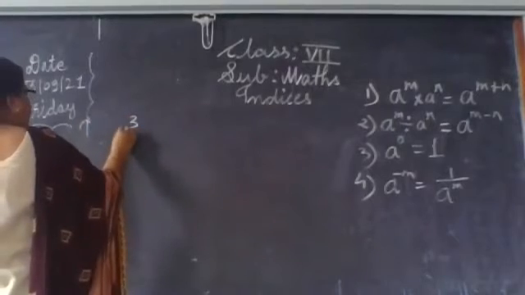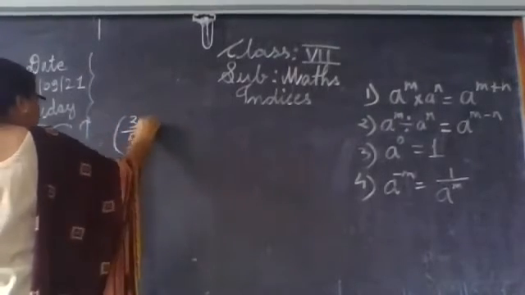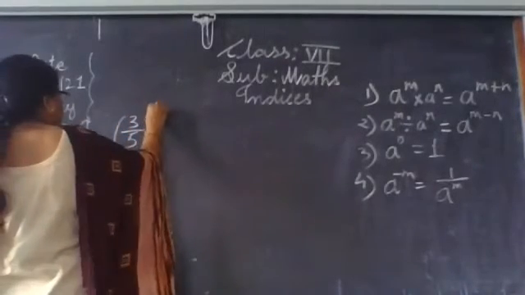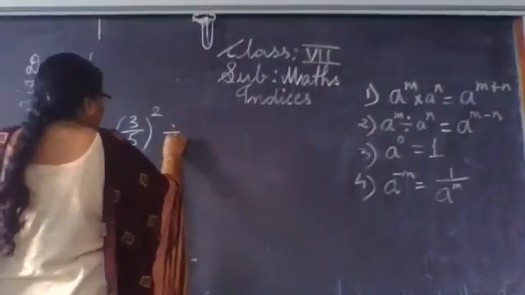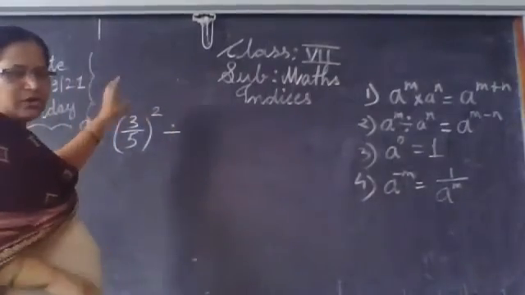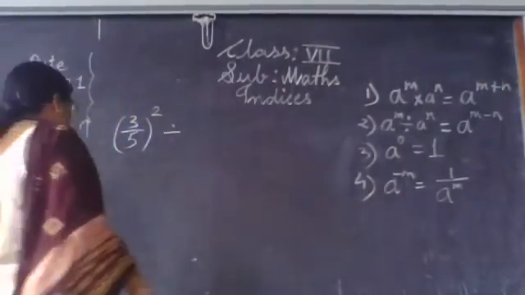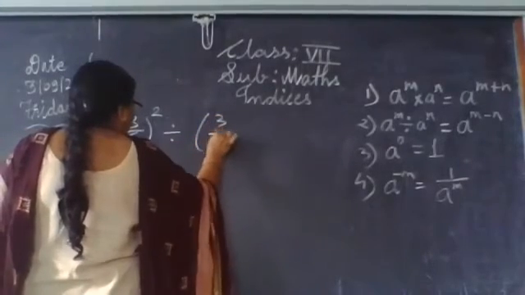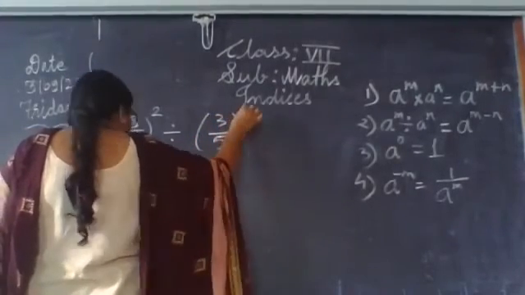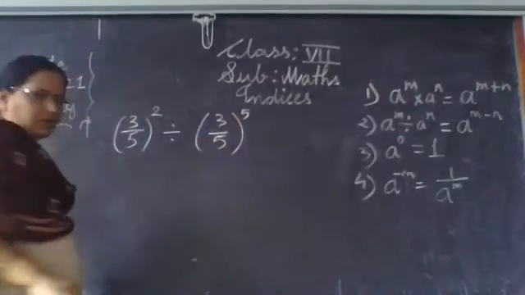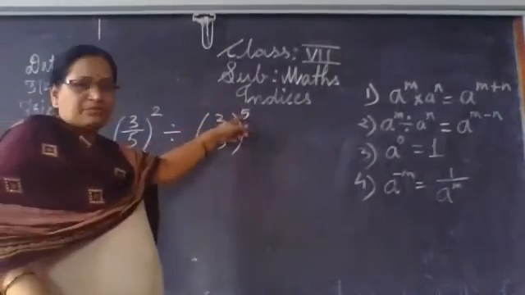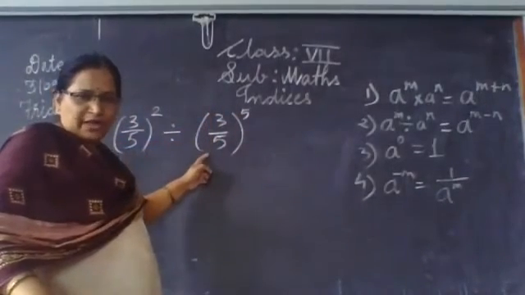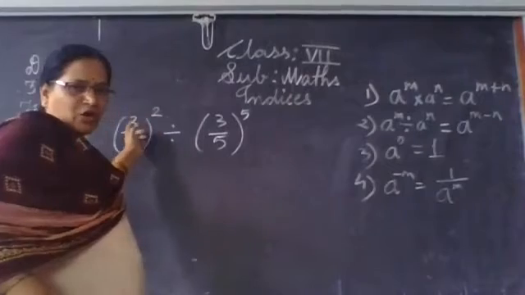Question is 3 upon 5 raised to power 2 is square. 3 upon 5 square divided by 3 upon 5 raised to the power 5, or you can say the fifth power of 3 upon 5. It is the square of 3 upon 5.